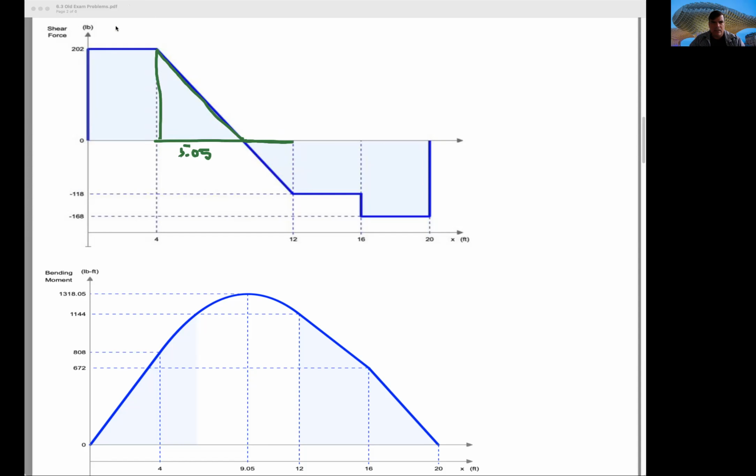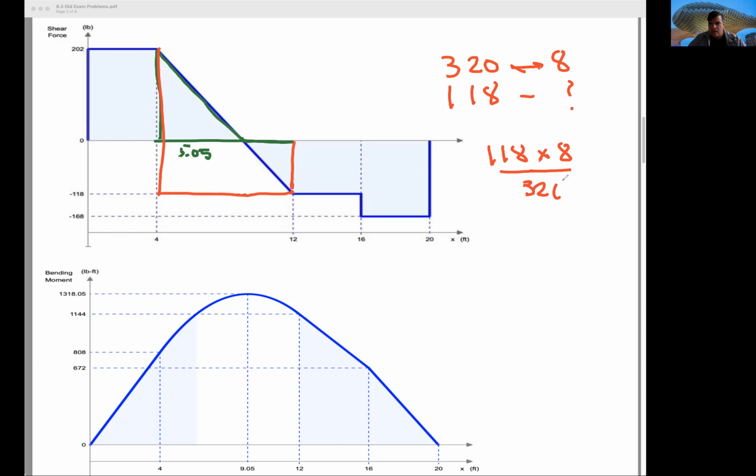I prefer to imagine that I have this big triangle and do the same thing. 320 is equivalent to 8 in the same way that 118, that is the side, is equivalent to the number that I want. 118 multiplied by 8 divided by 320, and then I will have a number that in this case happens to be 2.95, I believe.